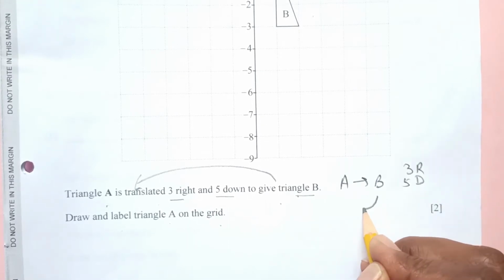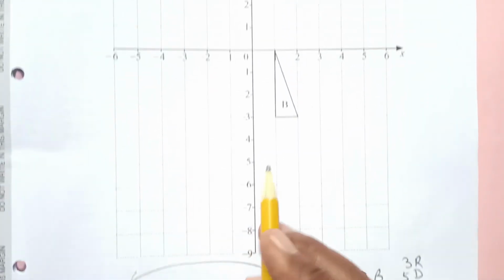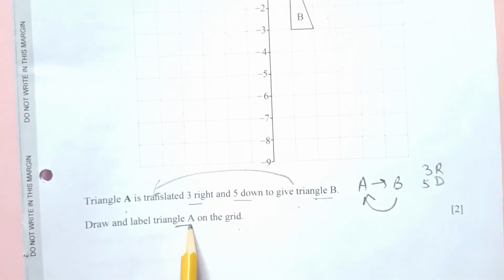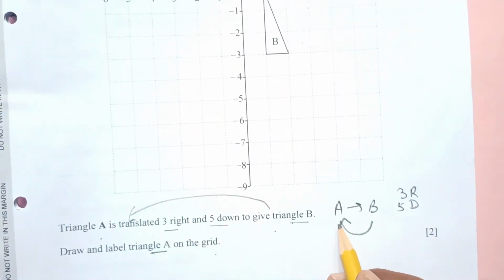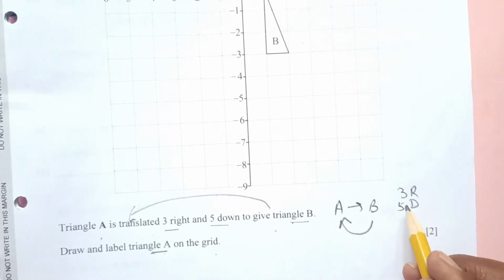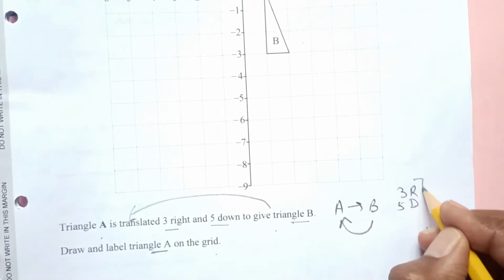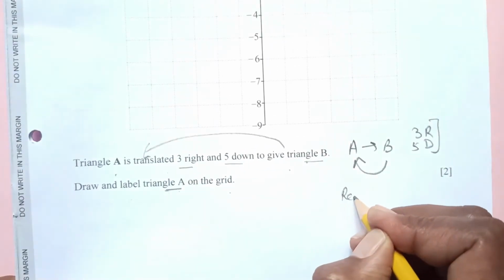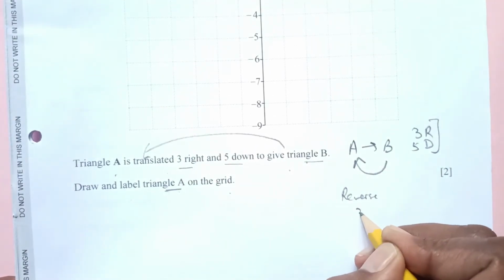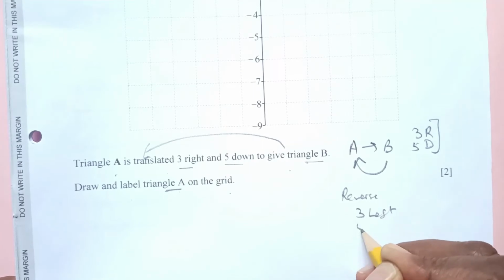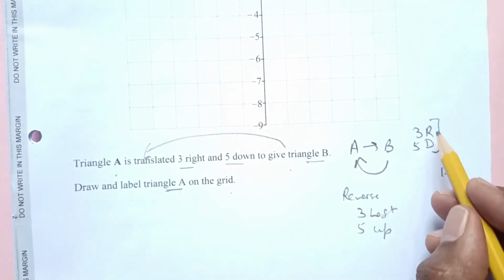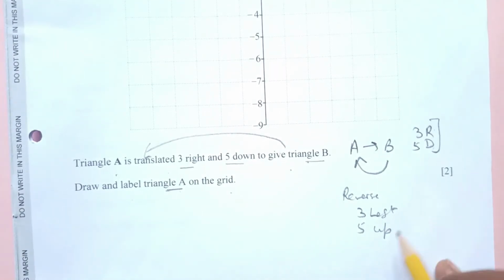But if we move from B to A, it will be reverse. So the reverse process will be 3 left and 5 up, right? 3 right becomes 3 left, 5 down becomes 5 up.